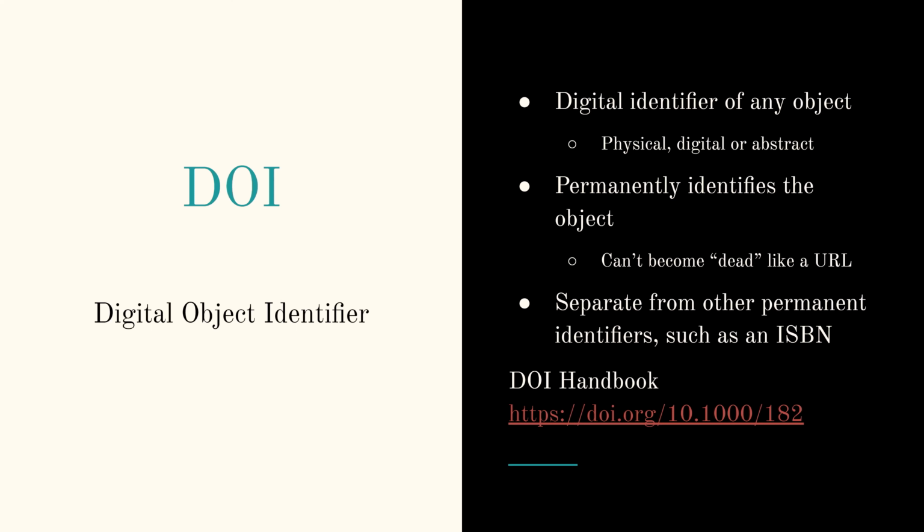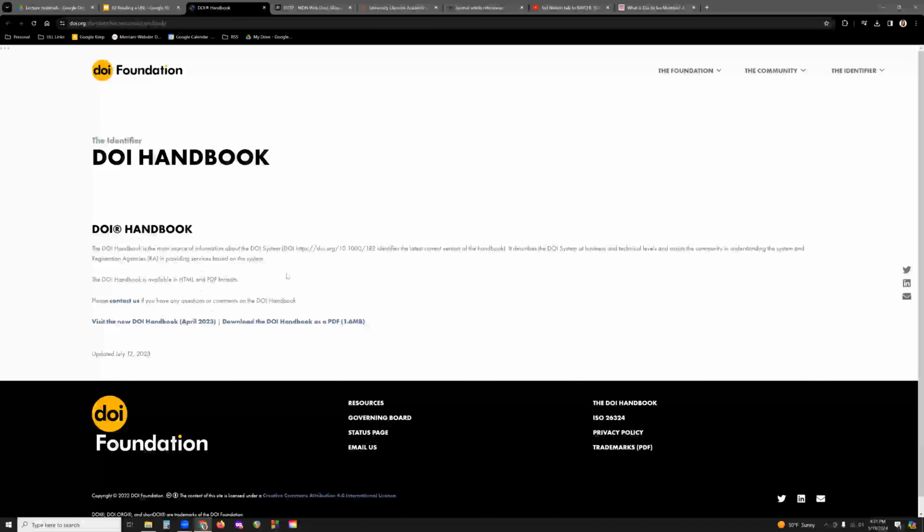Whatever it is, this specific identifying number permanently identifies the object. And unlike a URL, which stands for uniform resource locator, this won't become dead if you move the object around. You can move it around in your file folders and you'll still be able to find it. For example, here, if we look, this is the DIY handbook number. You click on it and it goes straight to it.